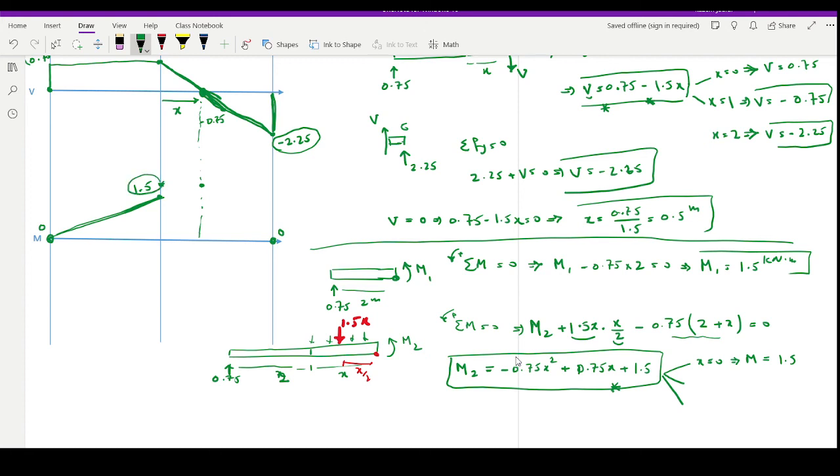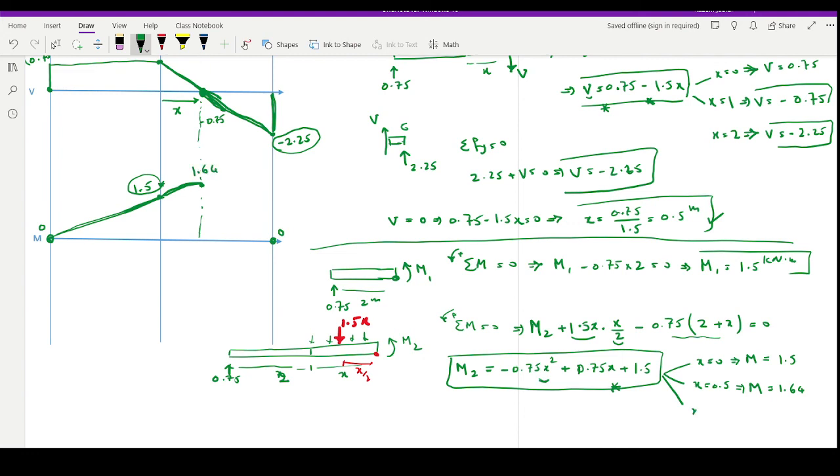1.5. Then if I put x equal to 0.5, because we said that at 0.5 meter we will have the maximum M, M is going to be, if you solve it, 1.64, 1.65. So therefore, this will go from here to here in a curved way, because our equation has x squared, it's curved. So that's going to be 1.64.